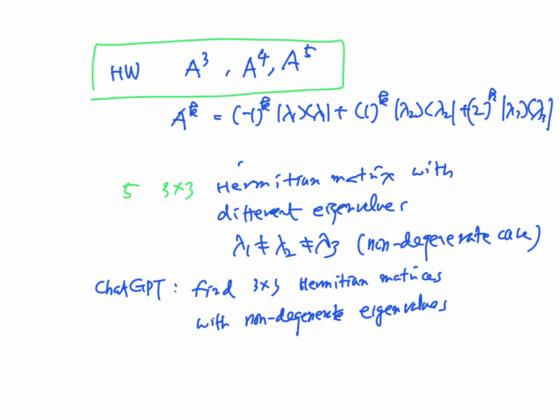See what happens. 3 by 3. So apparently ChatGPT doesn't generate 3 by 3 Hermitian matrices with non-degenerate eigenvalues.